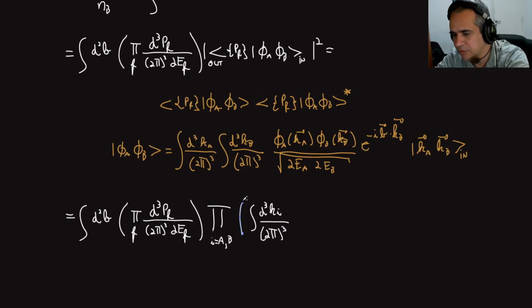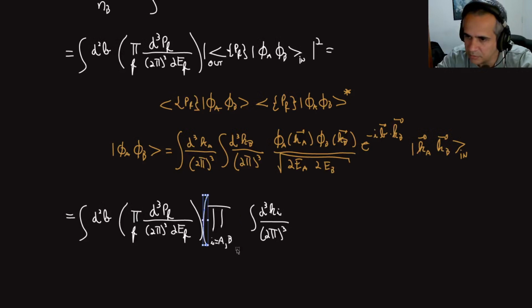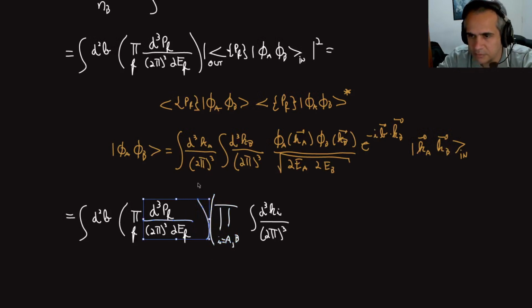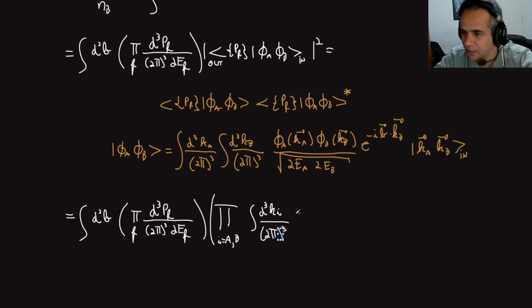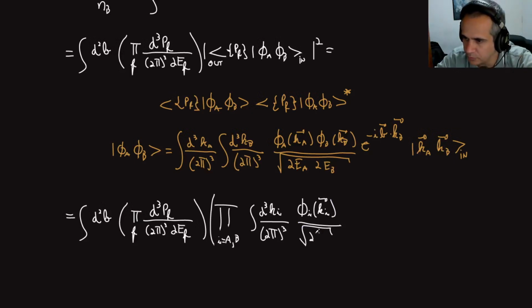Let me just increase this a little bit so it'll be more clear. So the product is over everything that's inside. Not always easy to deal with this program. Phi i of ki, right, which takes care of these two terms, and square root of 2 E_i.